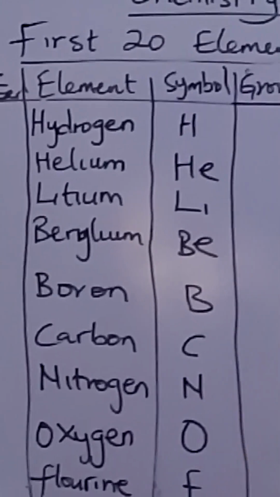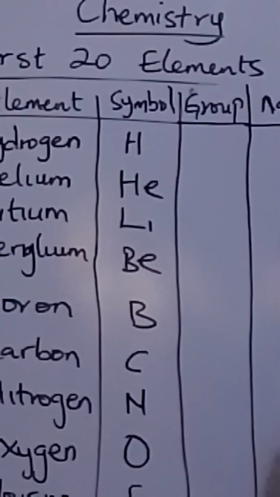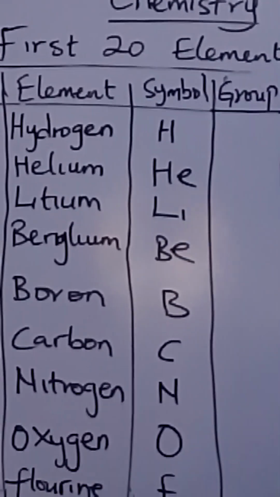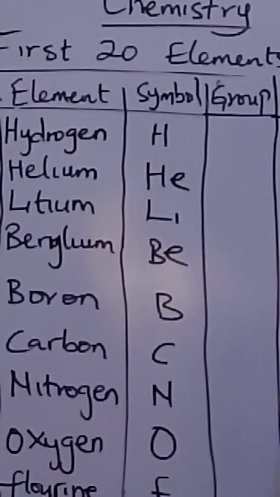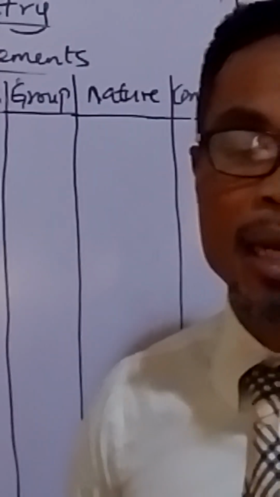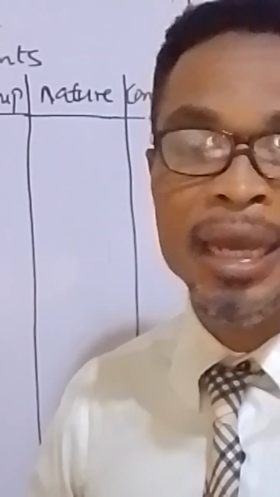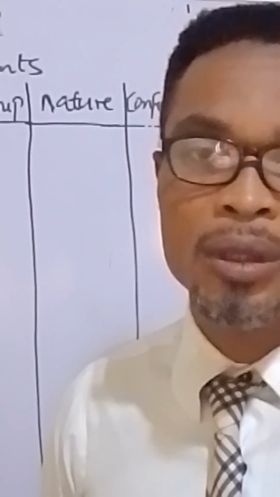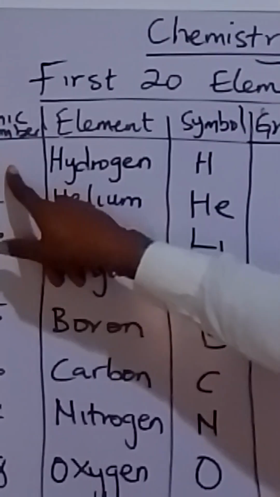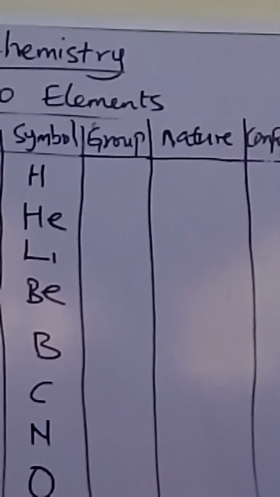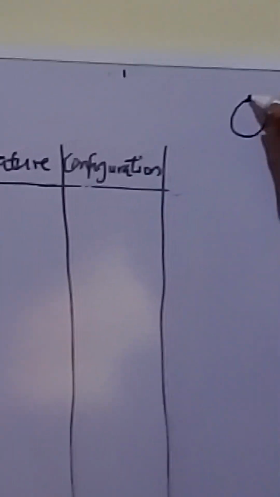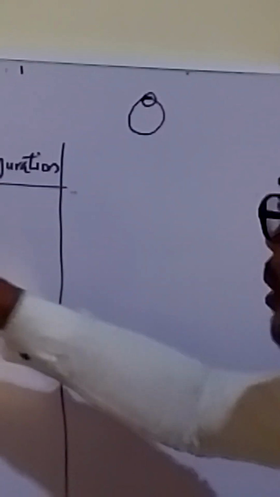Now, how do we know the group it belongs to? Elements have electrons which are arranged in shells, and the number of shells an element has is determined by the number of electrons the element has. For hydrogen that has only 1 electron, the shell will be like this, and this is representing that 1 electron that hydrogen has.